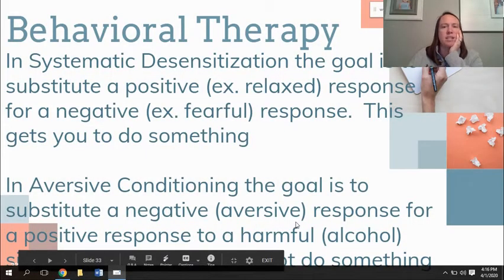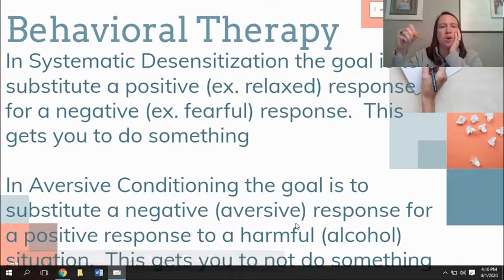In systematic desensitization, the goal is, so systematic desensitization and aversive conditioning are opposites. In systematic desensitization, the goal is to substitute something positive, like being relaxed, as a response for something negative, like being anxious or fearful. Basically, they're getting you to do something. In aversive conditioning, they're getting you to stop doing something.